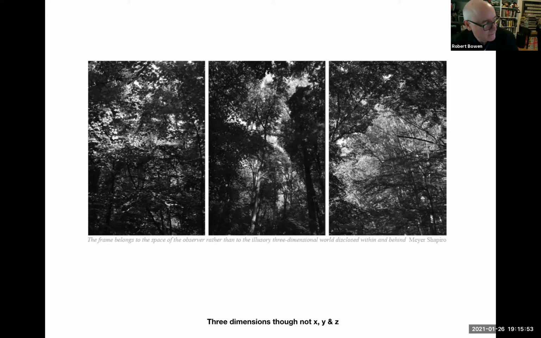I started playing with that as a kind of puzzle, and I decided to show this one tonight. I think of this as three-dimensional. It was all taken in the same area, but the dimensions are not X, Y, and Z. So they're not the Cartesian coordinates. It's another kind of three-dimensional image.